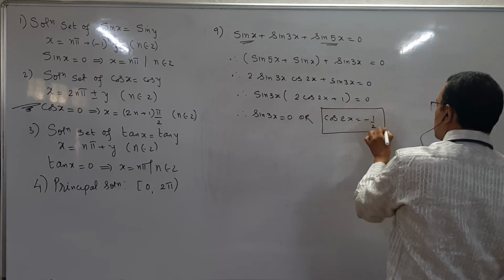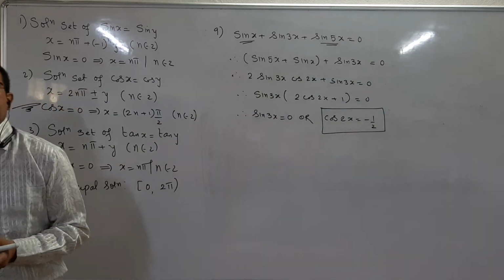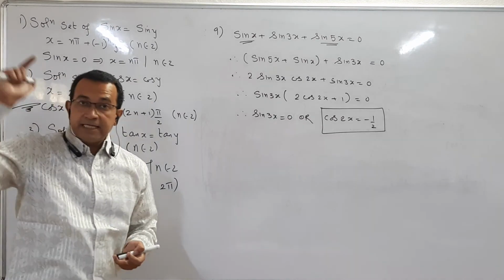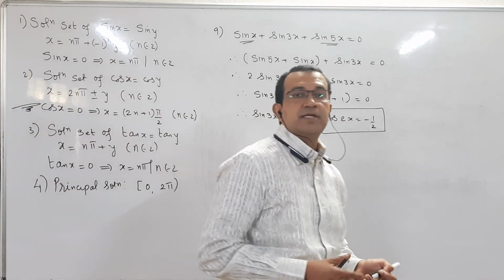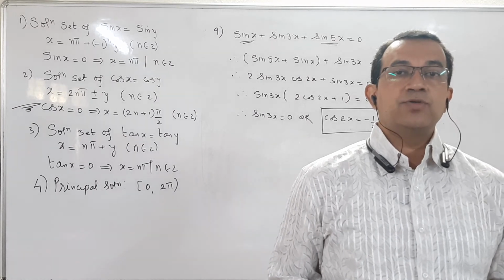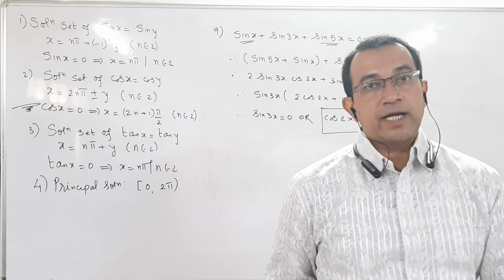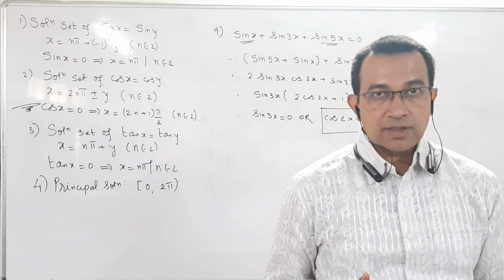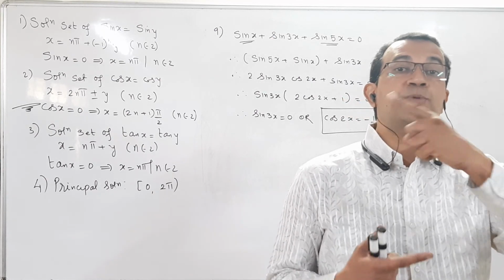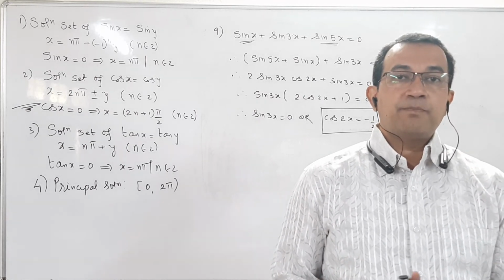This is of much importance. We revise again and again. For sine and tan, if your right hand side is a negative number, we are going to convert it into an acute angle only. But for cos, if your right hand side is a negative number, you have to write it as an obtuse angle. In cos, we get 1 by 2 at pi by 3.